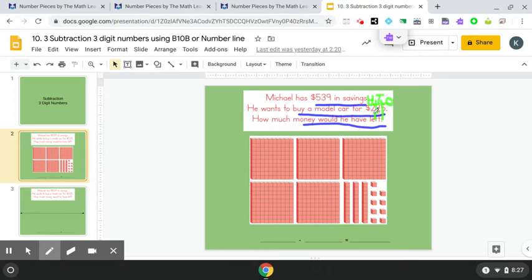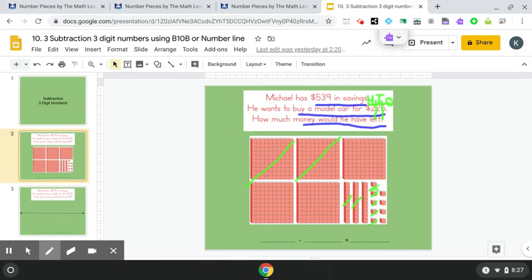So I know that I have to take away 200. I have to take away two tens, which is 20, 10, 20, and I have to take away five ones. 1, 2, 3, 4, 5. So then we say, well, how much money did he have left?